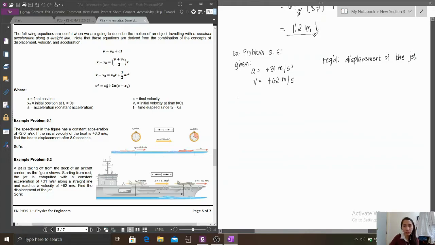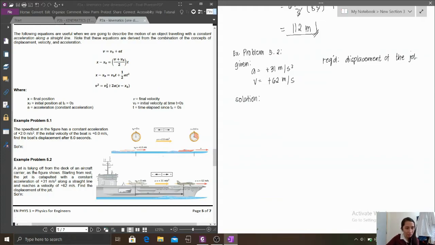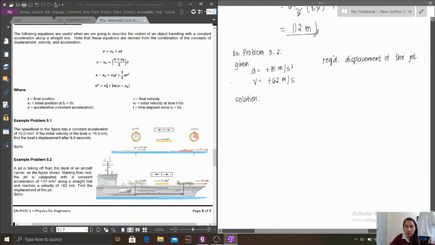So, for the solution, meron din nga pala ditong statement na from the deck of an aircraft carrier starting from rest. So, ibig sabihin, ang ating initial velocity is equal to 0 meters per second.